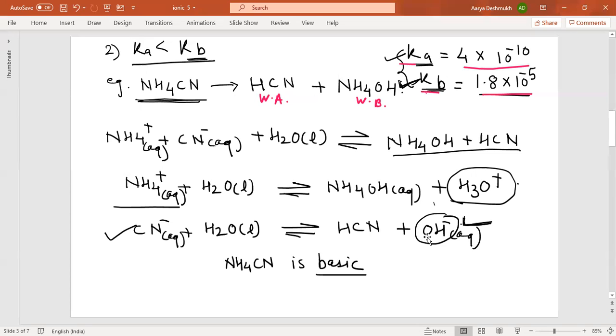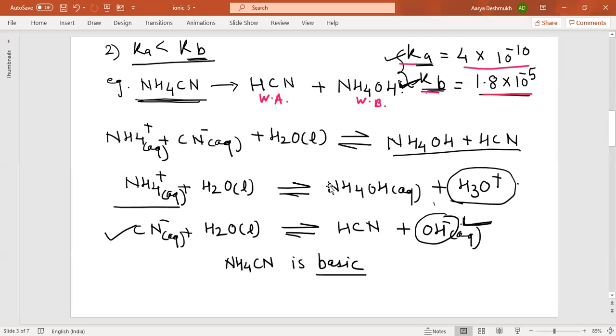As the value for Kb is greater than Ka, it suggests that cyanide ion hydrolyzes to a greater extent than NH4 ion. And that is why NH4CN, ammonium cyanide salt, is basic in nature.